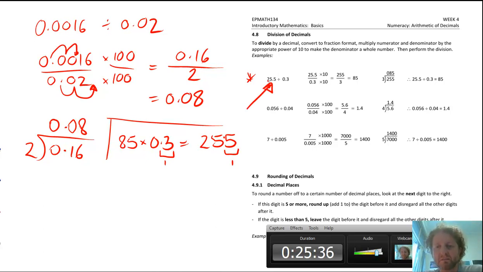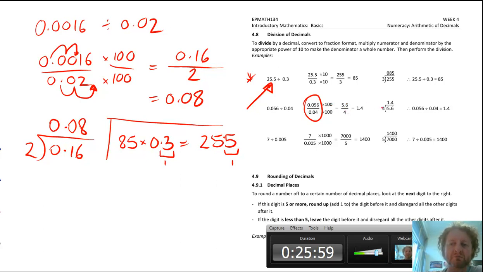So that's all working. The next example is one where we didn't lose the denominator of the decimal, off the top. 0.056 divided by 0.04, we wrote it as a fraction. We said, I could have times top and bottom by 1,000, but it actually makes more work. If I times top and bottom by 1,000, I would have gotten a 56 on a 40.